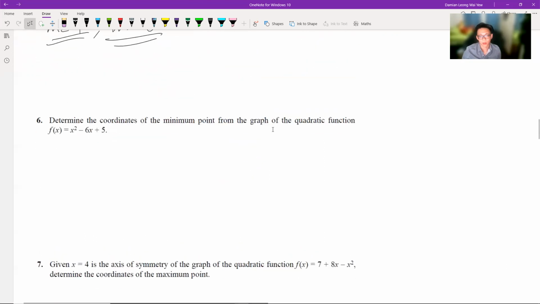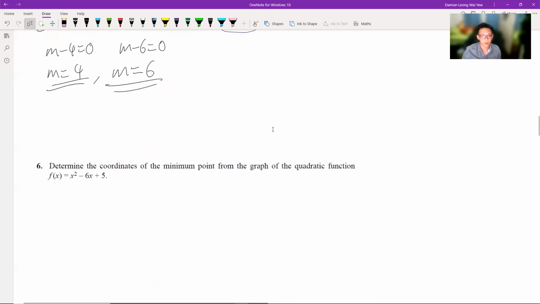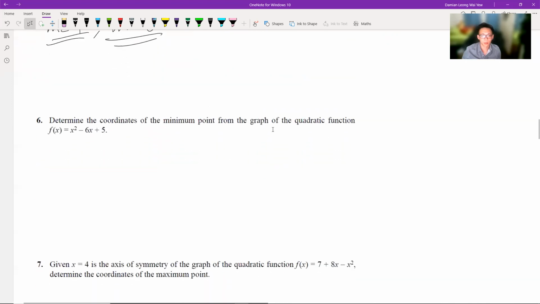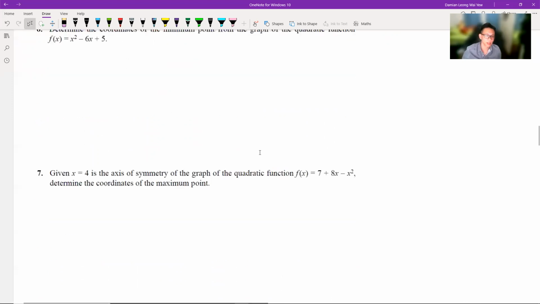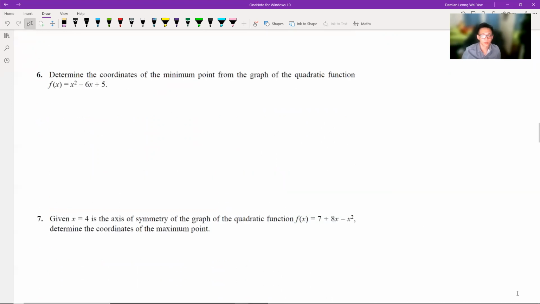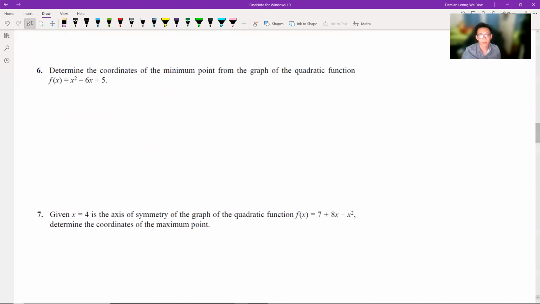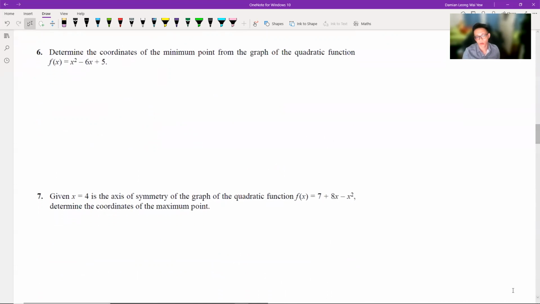Now, question 6. Determine the coordinates of the minimum point from the graph of the quadratic function. It's interrelated with, it's basically the same thing as your question 7 actually. In fact, question 7 is even easier.